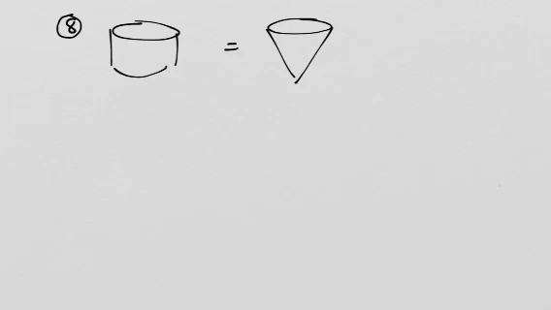Question 8. Now the volumes are the same. We know, or we should know, that the volume of a cylinder is pi r squared h, and the question tells us that a cone is 1/3 pi r squared h. Okay, what do we know from the question? Well, we know that the radius of the cylinder is 8, so pi times 8 squared. We know the height is 6.